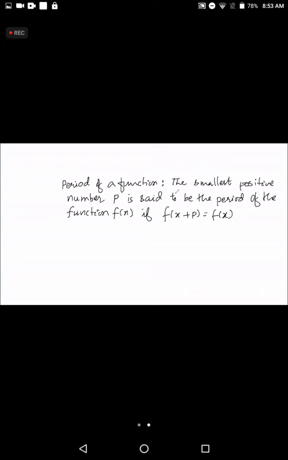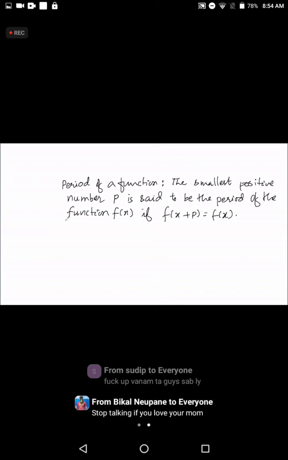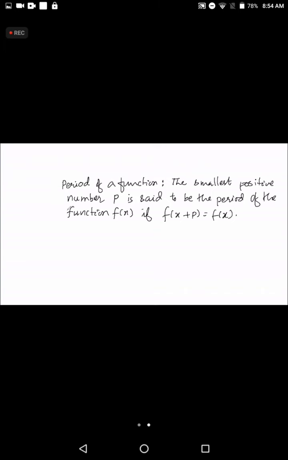To find the period of the function, we check this condition: f of x plus p is equal to f of x. For example, to find the period of f of x is equal to sin x. As I told you before, the trigonometric functions are periodic functions, and we can find their periods. The functions whose values repeat at regular intervals are called periodic functions.